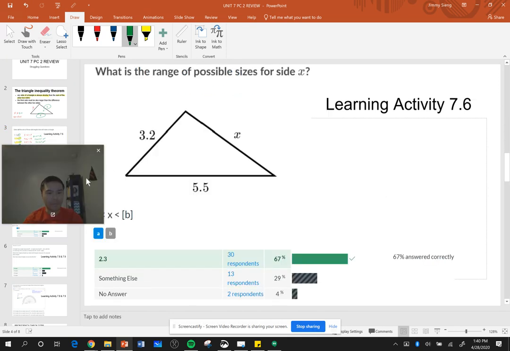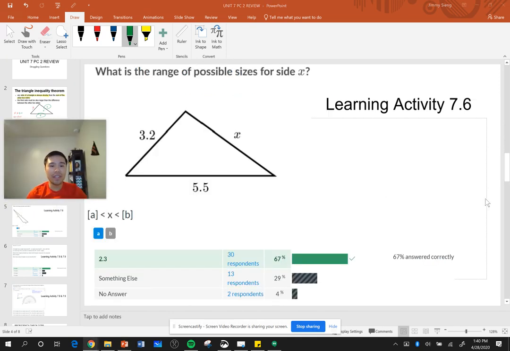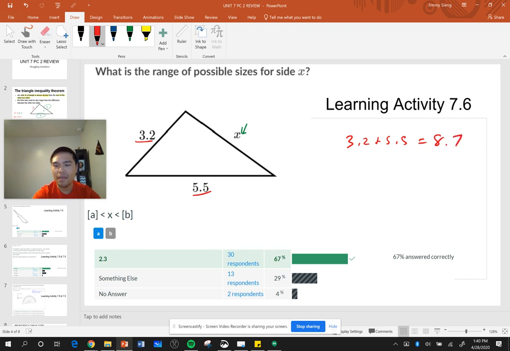All right, next one. So we're just doing the same thing here, except this time, I need to figure out what this x could potentially be. So if this is my third side, I know that the sum of these two added together, 3.2 plus 5.5, gives you 8.7.